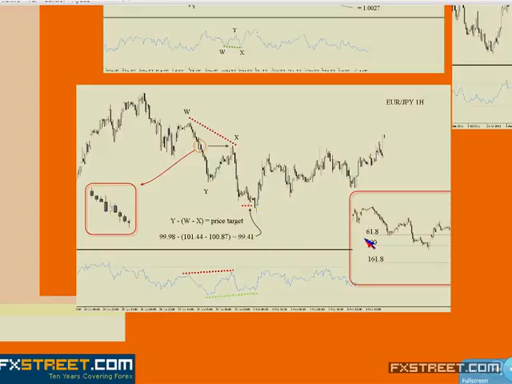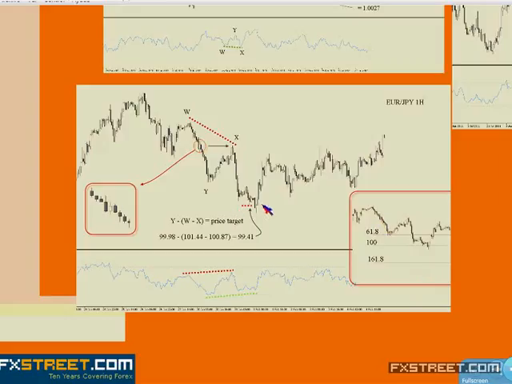We may also seek confluences of targets. In that case, I use the Fibonacci tool to extend the previous move, and we see how the level is pretty coincident with a 100% level.